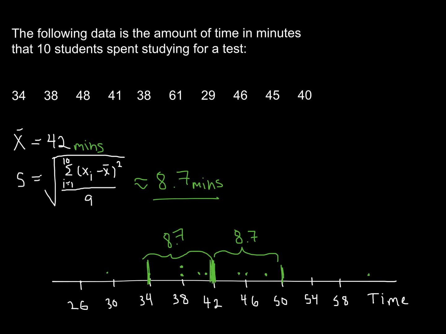Whereas for these points out here, they're going to contribute a very big value to the standard deviation. So I need less of these big values to be further away and more of the smaller values to balance each other out, so that the average will be about 8.7. Okay, so hopefully that makes some sense as to why more of the data points should be within one standard deviation and less outside of one standard deviation, since we're computing the average.